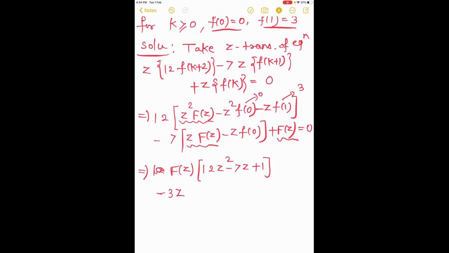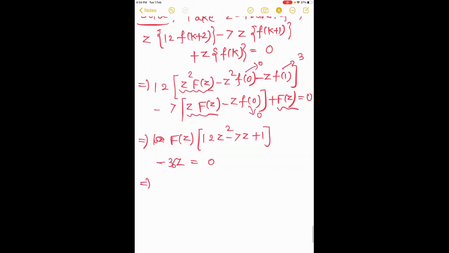Sorry, 3 into 12, 36, so minus 36z will be there, and any other term is also 0. F of 0 is 0, so this is the only term. Means I'll get F of z is equal to 36z upon 12z square minus 7z plus 1.